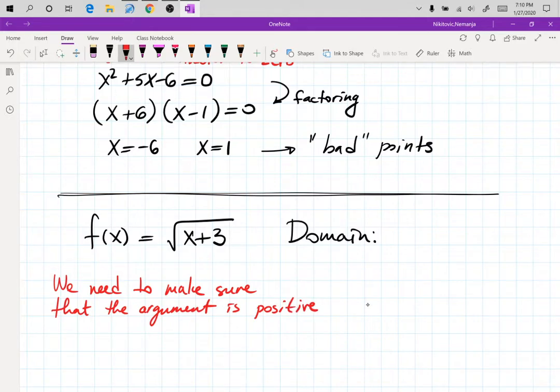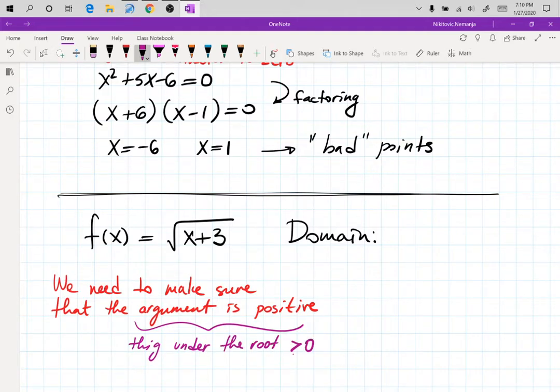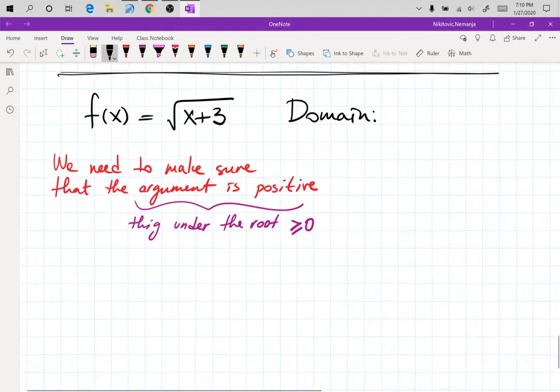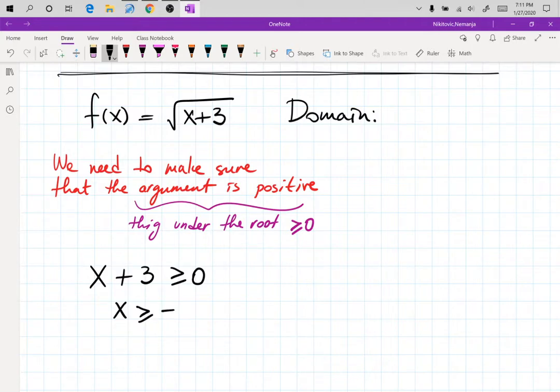Now, what does that mean, argument is positive? The thing under the root is bigger or equal to 0. That's what it means. So to find the domain of square root functions, we go x plus 3 larger or equal than 0. You move 3 to the other side.